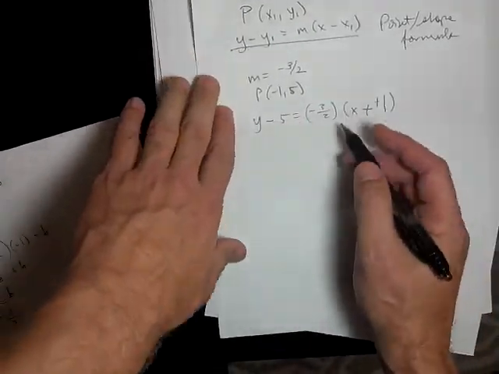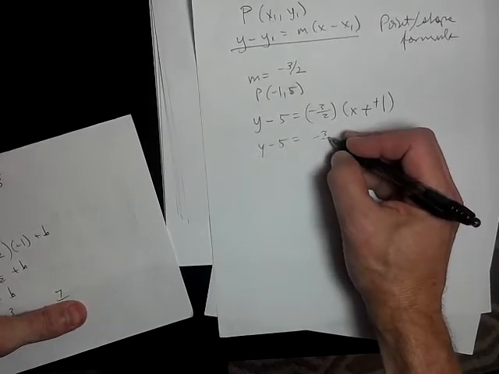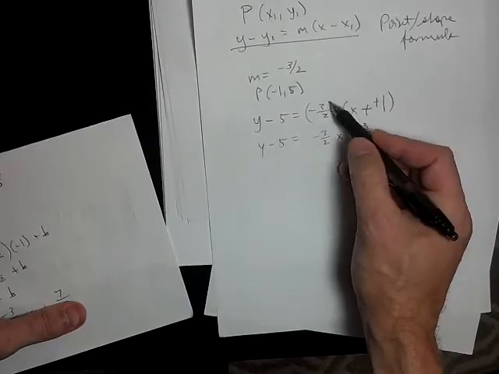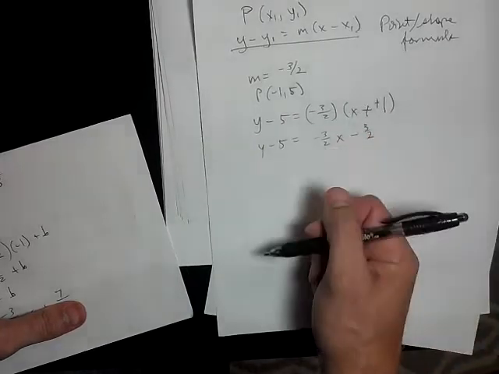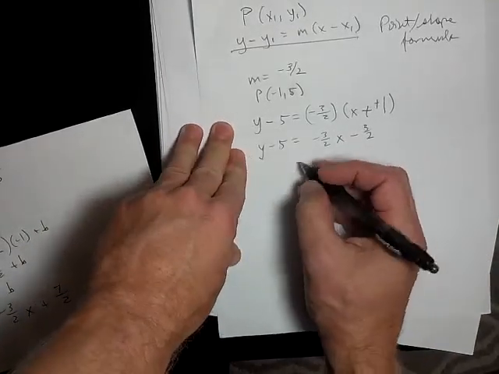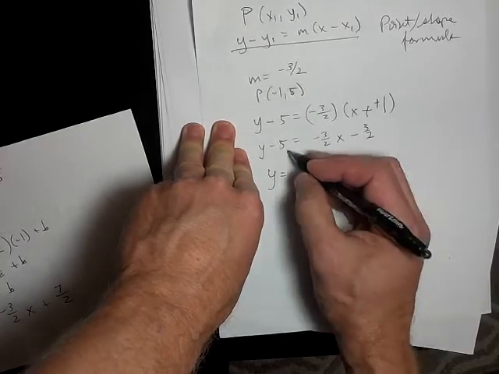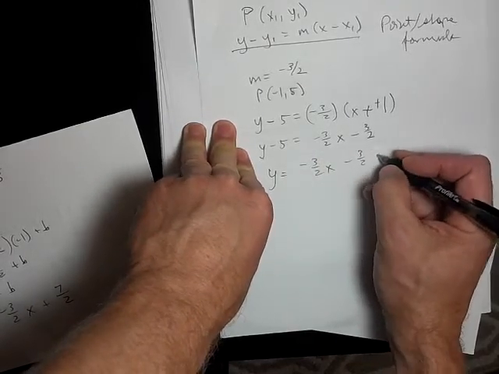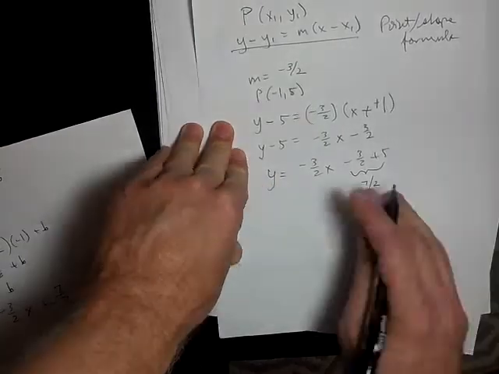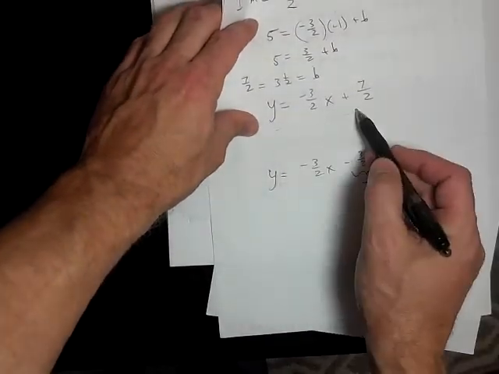But if you factor this through, what this gives you is y minus 5 is equal to minus 3/2 x minus 3/2. I distributed the minus 3/2 through there. And then I add 5 to both sides to get y by itself. And that gives me y is equal to minus 3/2 x minus 3/2 plus 5. And these are 7/2, which is the exact same thing that we got before.